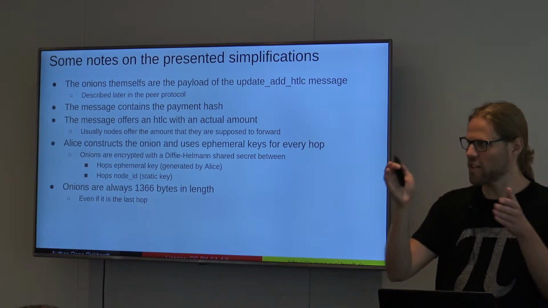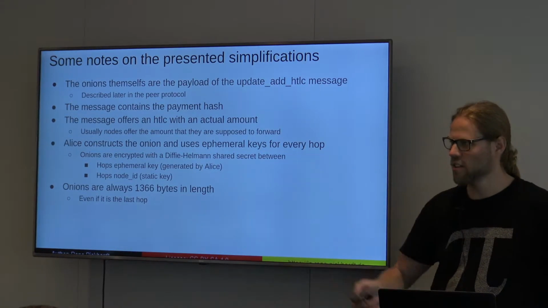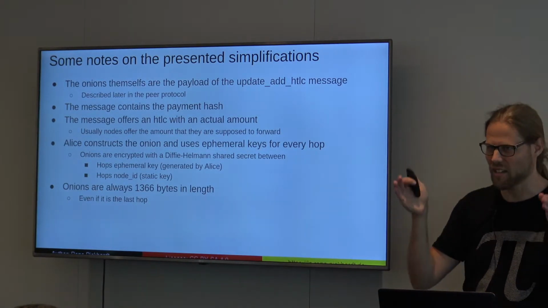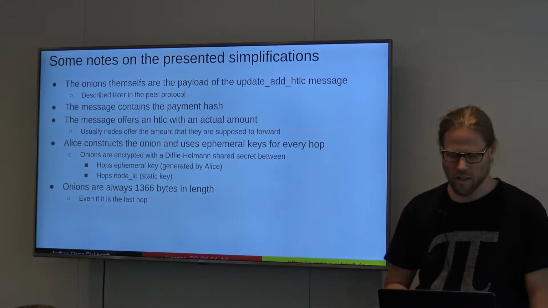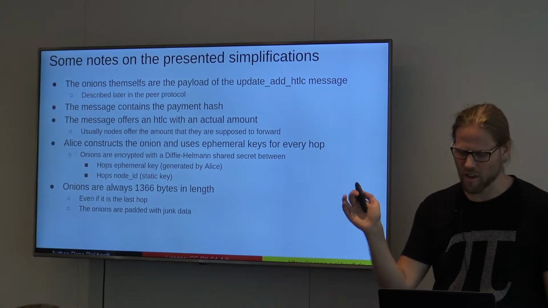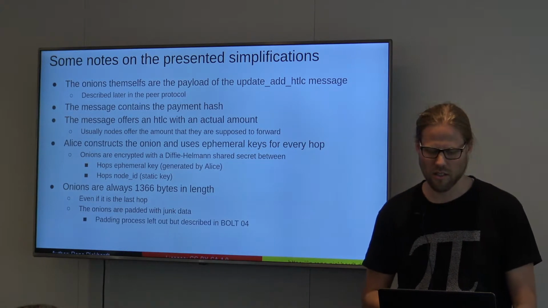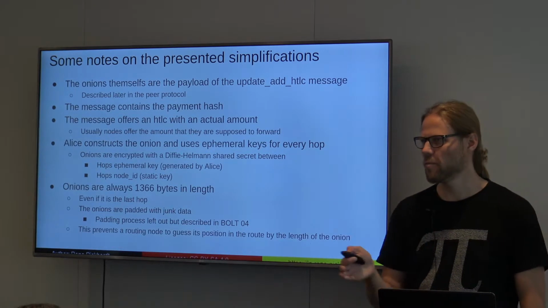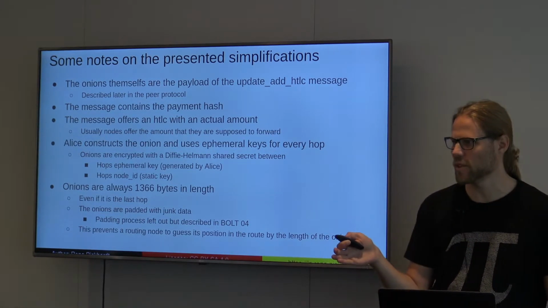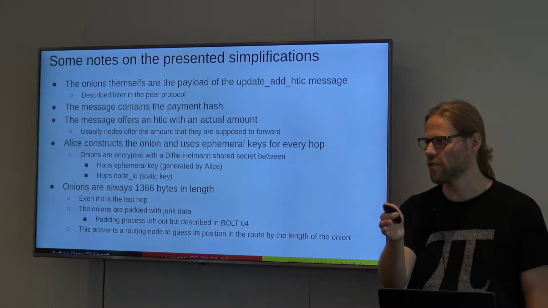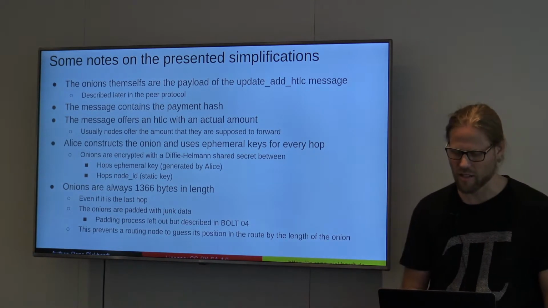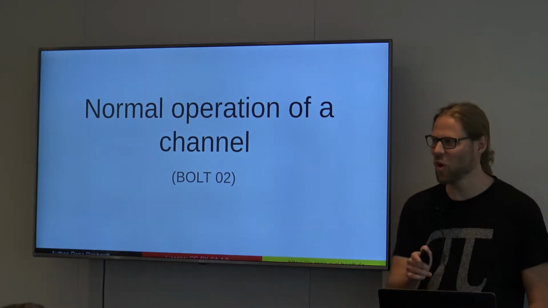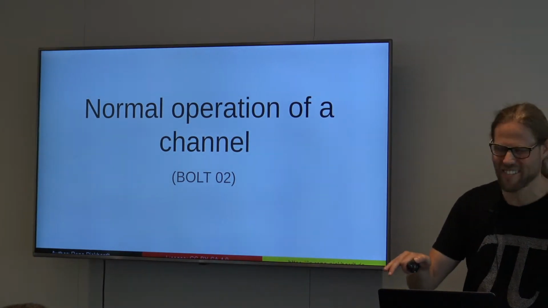If you looked at the picture, the onion was always getting longer, but as I said before, I'm leaving out the filler generation that makes the onions always a certain length. So the onions are packed with junk data, and we do this for privacy reasons, right? We really don't want a node at the end of the route to know that they are the last or the second last hop.